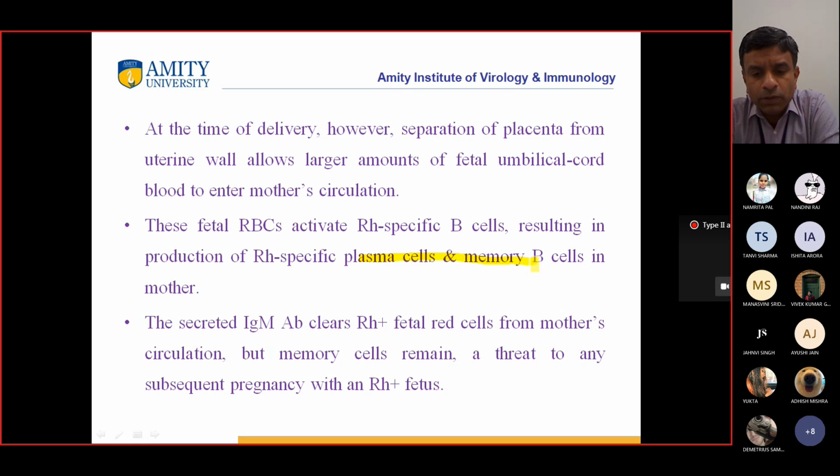So because of these memory cells, there is a threat to any subsequent pregnancy with an Rh positive fetus.